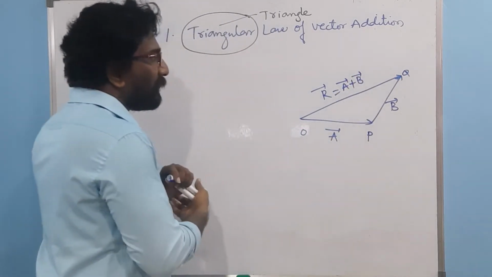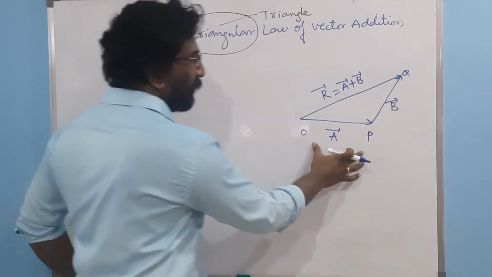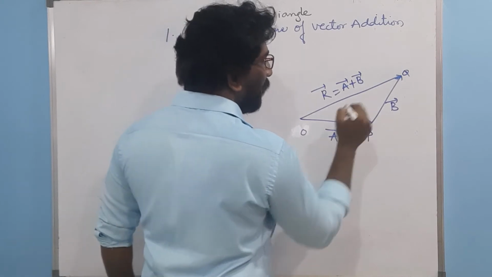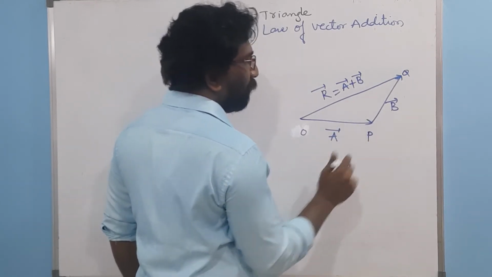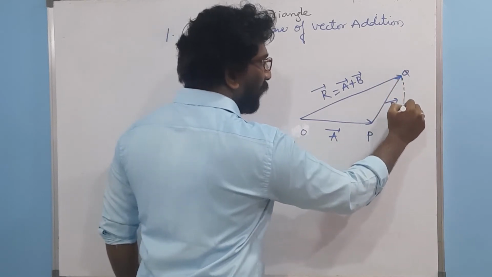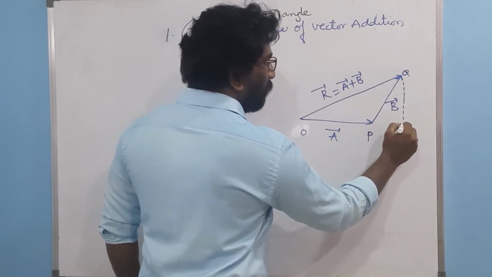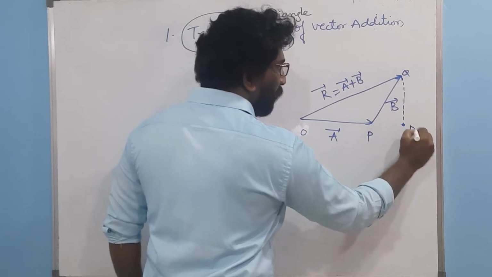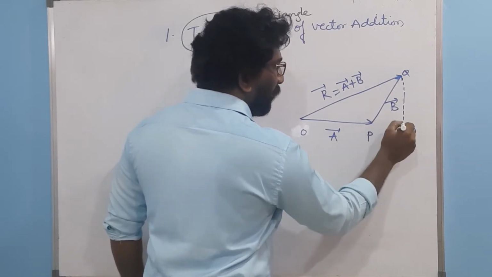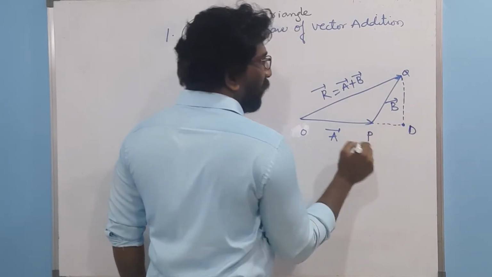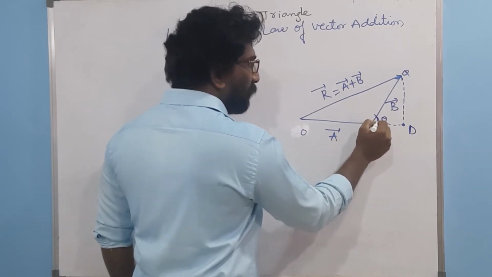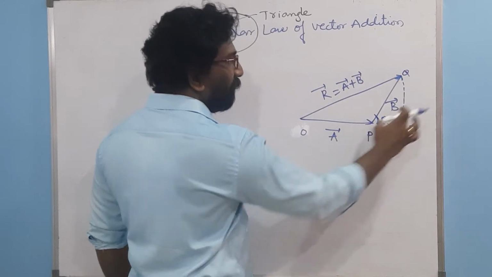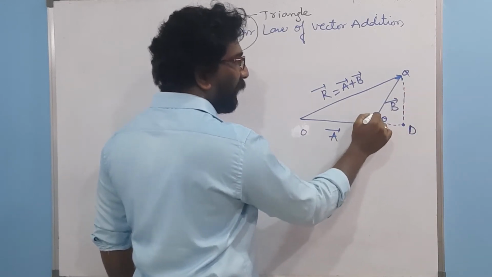Now let me consider that these two vectors, vector A and vector B, are inclined at angle theta. First, I'll drop one line here. The point where it is dropping is D, and let me extend this line up to P. Then at this point, vector A and vector B are inclined at an angle theta.